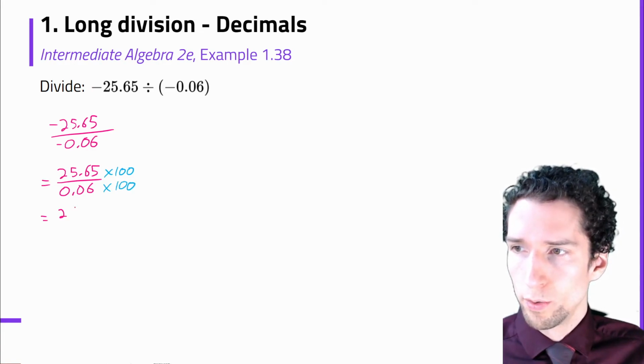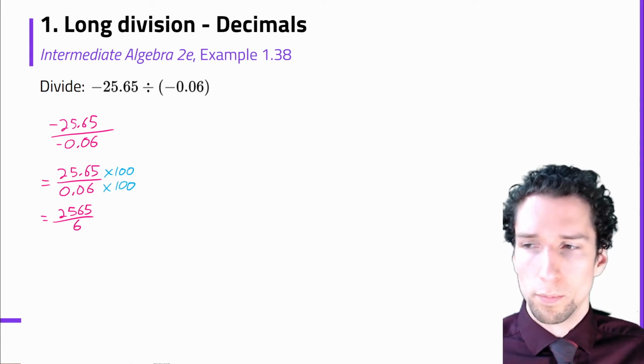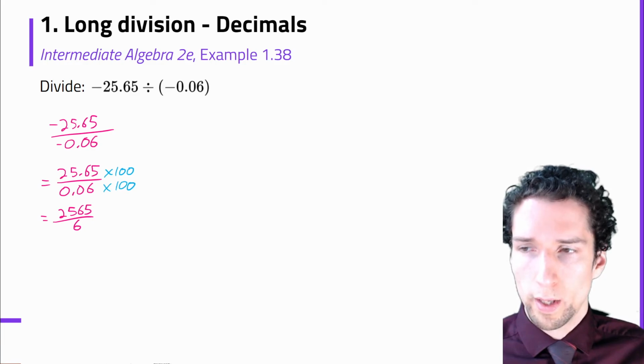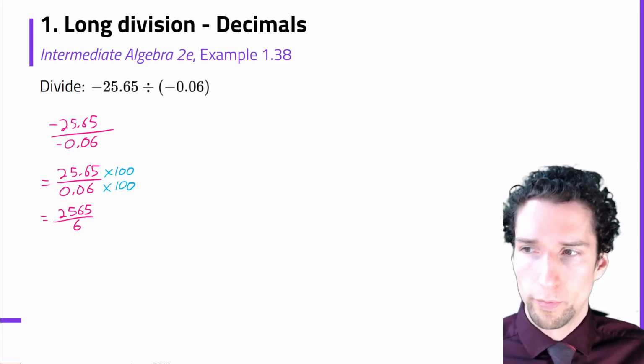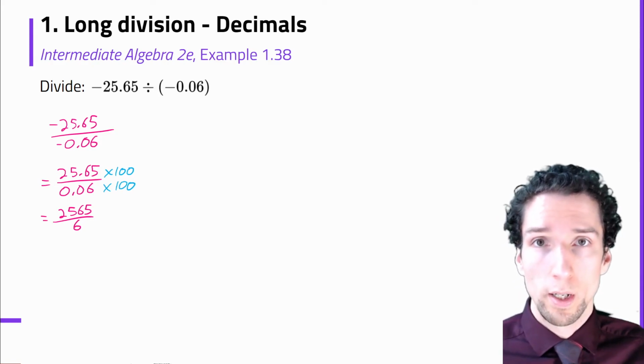So that would be 2,565 on top and 6 on the bottom. So that works. As long as we do the same operation on the top and the bottom, then our fraction stays balanced and our result will be the same.